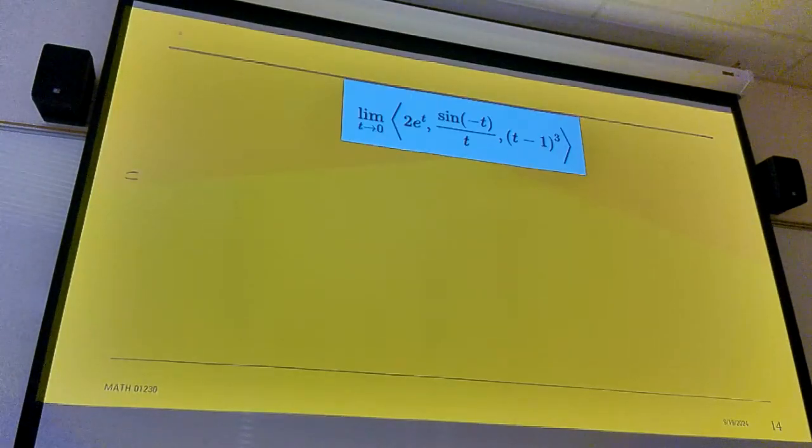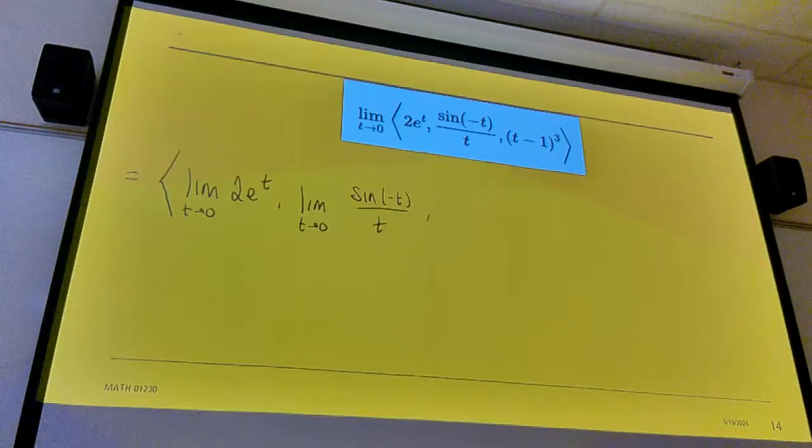Limit of each term. What is that first component?